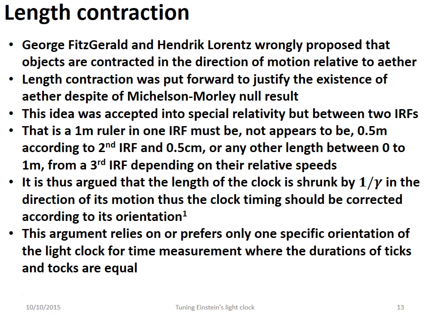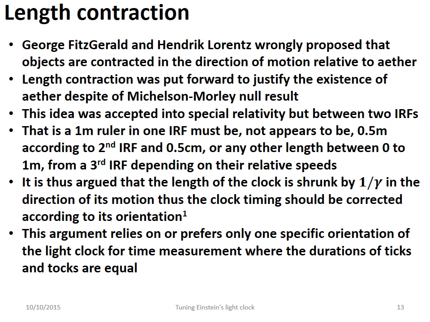In special relativity, the help comes from length contraction. What is length contraction? George Fitzgerald and Hendrik Lorentz wrongly proposed that objects are contracted in the direction of motion relative to ether. Length contraction was put forward to justify the existence of ether despite the Michelson-Morley null result.